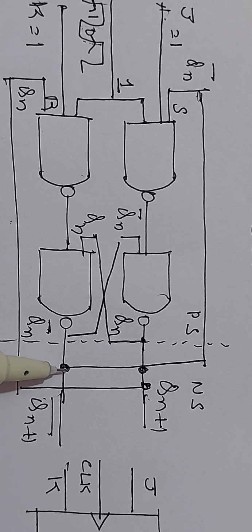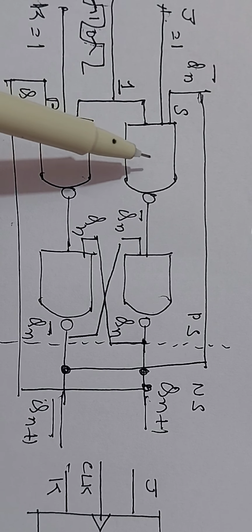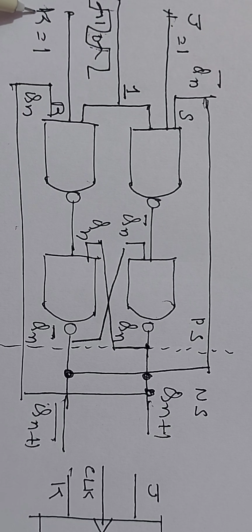The other output, Qn plus 1 bar, is fed back to the other input NAND gate. So the two outputs of the clocked SR flip-flop are fed back to the input NAND gates. Then the clocked SR flip-flop is changed into a JK flip-flop.